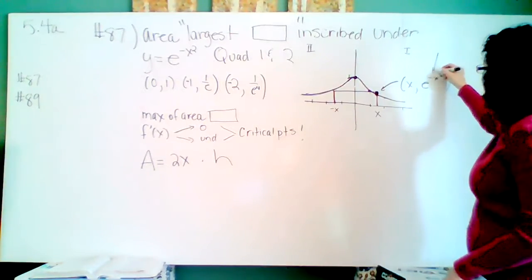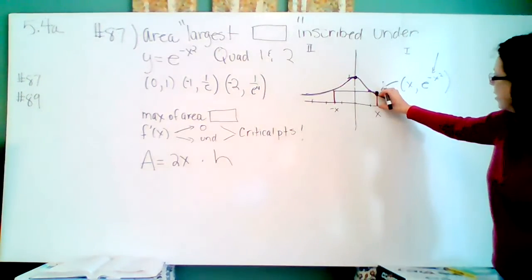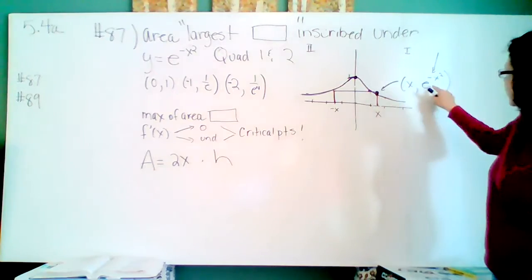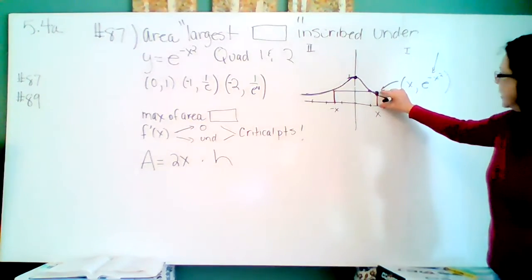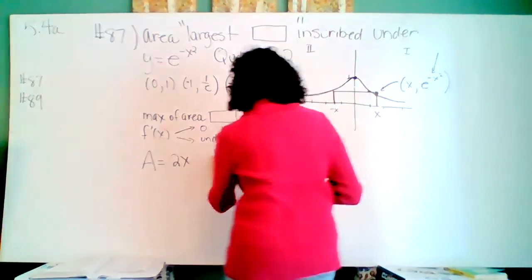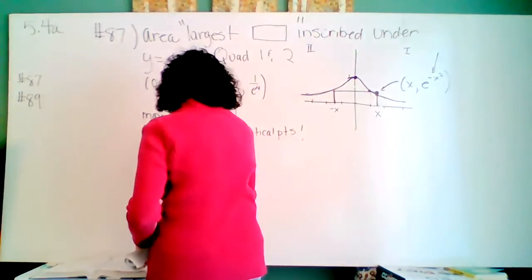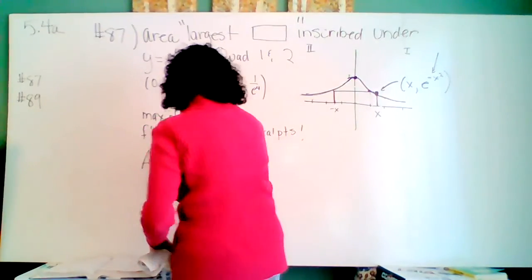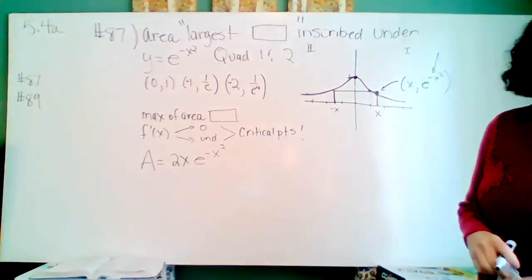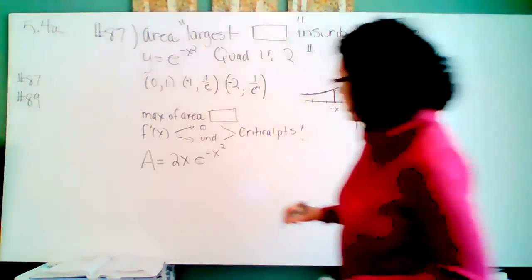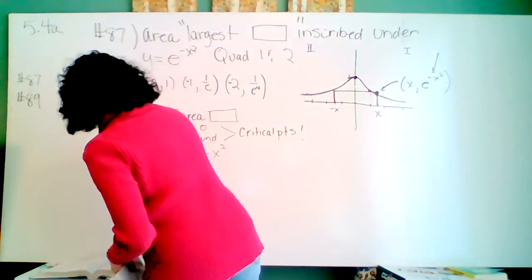So this is the height of the rectangle. For any x I put in, this gives me the y and gives me that height. So the height is e to the negative x squared. So there's my area function that I want to maximize.